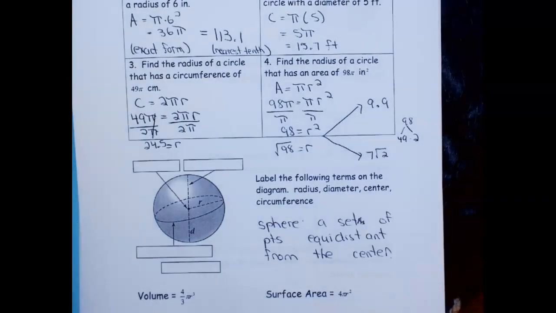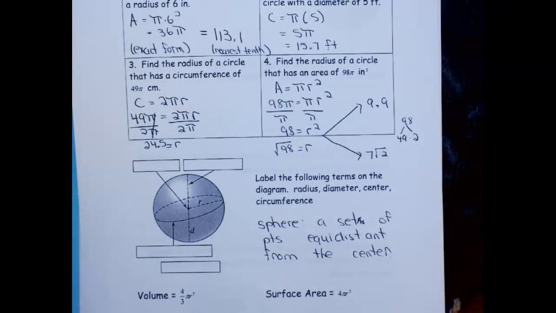And obviously in this case, we're talking 3-dimensional. So I can go left, right, up, down, I can come forward, I can come backward, and that set distance is the radius. So let's label a few things.